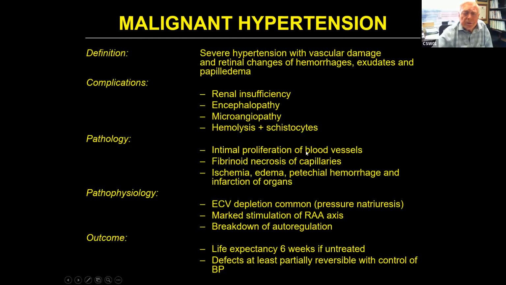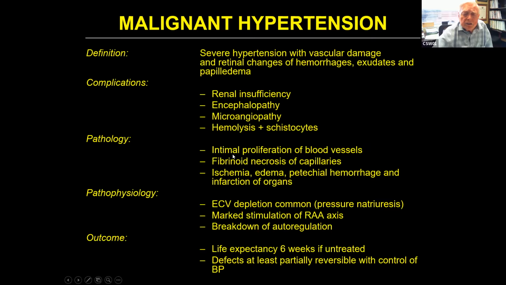And this is intimal proliferation of small blood vessels, onion skinning in other words, and fibrinoid necrosis of capillaries, leading to ischemia, edema, petechial hemorrhages, and infarction of downstream organs. The pathophysiology is a little special too, because whereas most patients with hypertension have a degree of volume expansion, not very evident often, these patients, because of the acute and severe rise in blood pressure, can have ECV depletion.